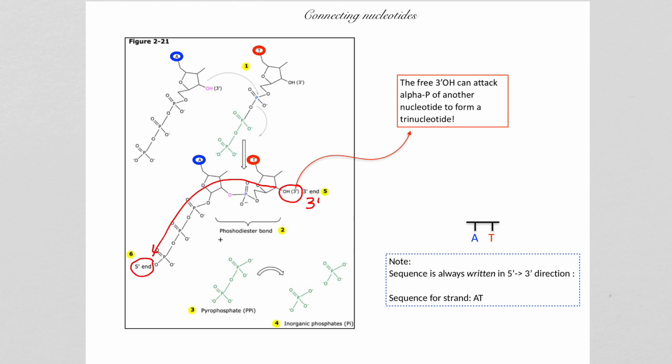It's all very important to remember that sequences, because these nucleic acids basically carry information, and this information is in the form of nucleobases. So the information has to be written in a certain form, and we have to follow the rule that this information is always written from the 5' end to the 3' end.